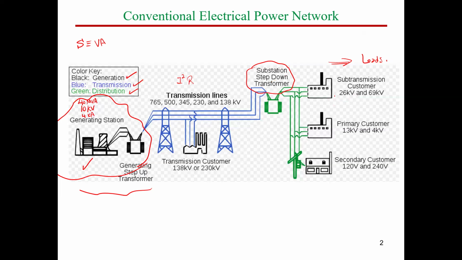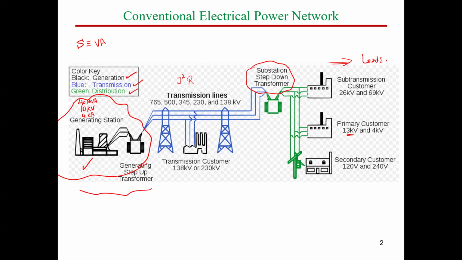So for instance, if you have a factory and this factory needs very high power, it doesn't make sense to deliver the power to this customer at 240 volt. It has to be very high in order to support this amount of power. So, for instance, we may have some customers who need 13 kilovolts.